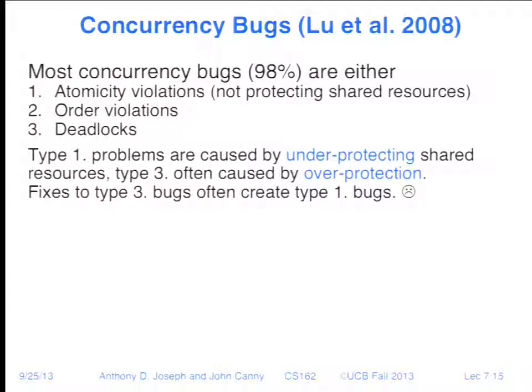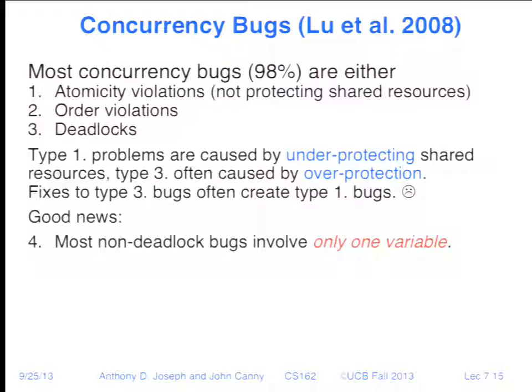Deadlocks, as we'll see, often result from overprotecting, reserving too many resources, or locking too much code, causing resources to become unavailable to other threads and leading eventually to a deadlock problem. And unfortunately, people have found that fixes to deadlock problems often involve creating atomicity problems, because people see a deadlock and start trying to release and back off the locks and end up exposing further problems.